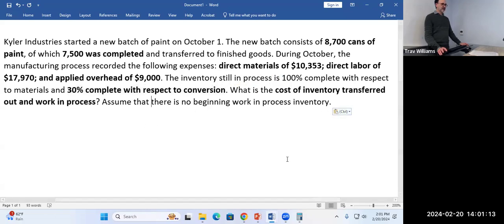Let's see if in this little space we have here on the screen, we can just figure this out somehow. All right. So we know we have 8,700 total units.